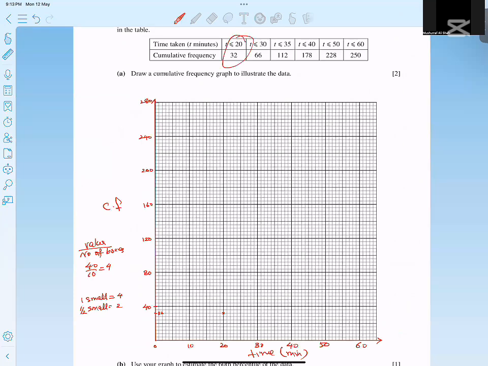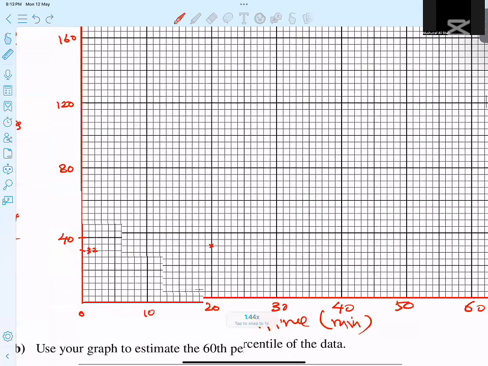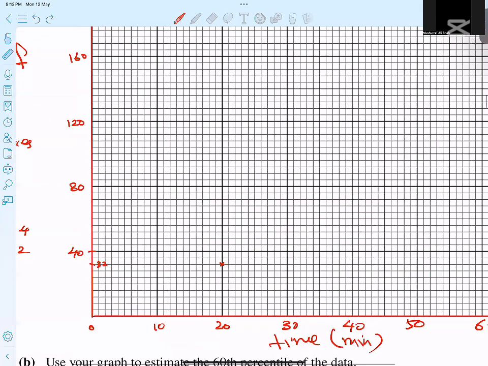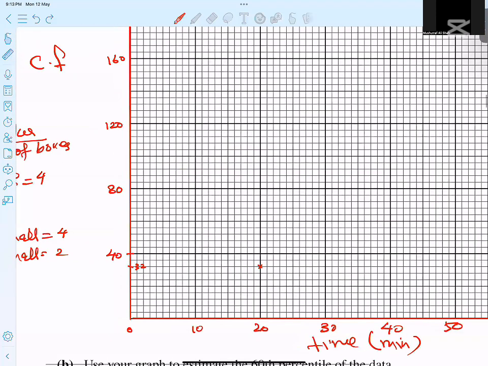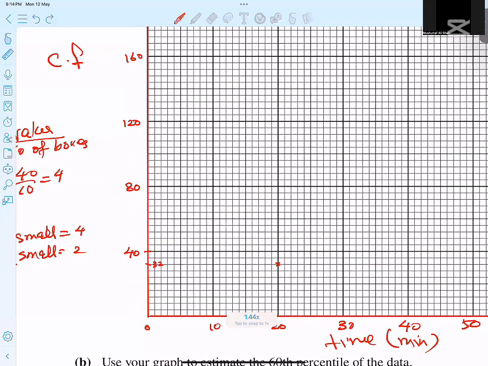The second point is 30 and 66. Where is 66? We have another way: 15 fours are 60, or 16 fours are 64, and plus 2. It means 16 boxes.